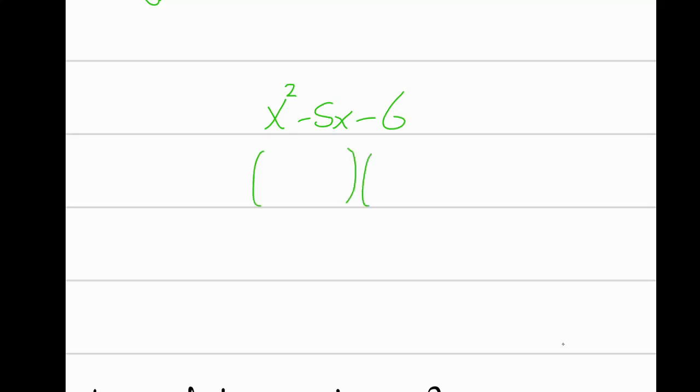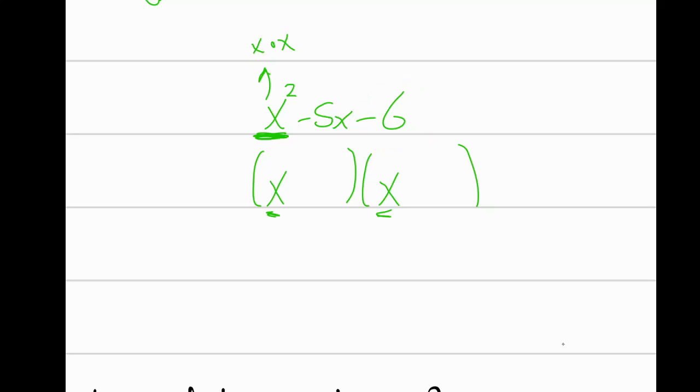Okay, so the two brackets we get when we factorize this are going to be given by, firstly, we want to find out the first two x terms. Well, we have an x squared here, so that's going to be given by x multiplied by x. So they're the two terms we have here.